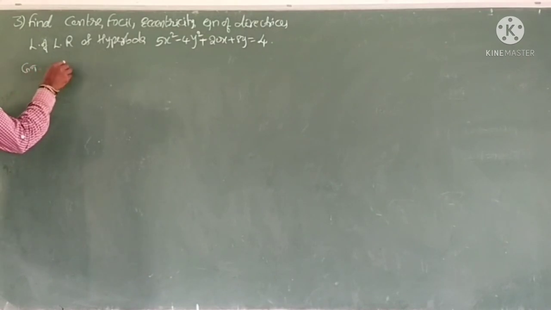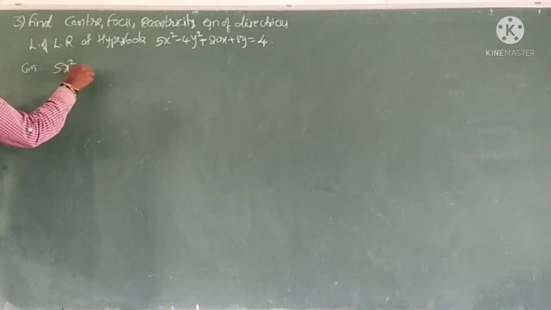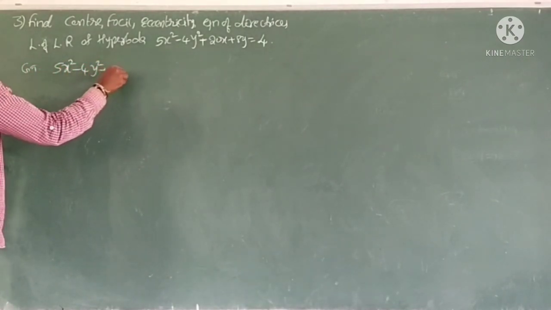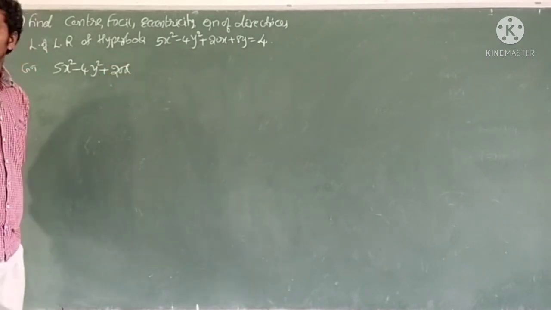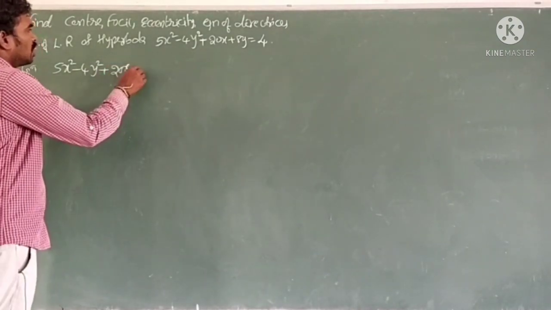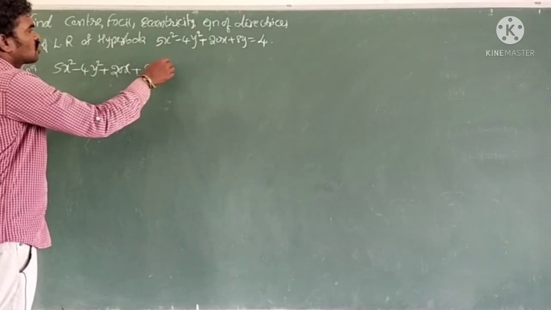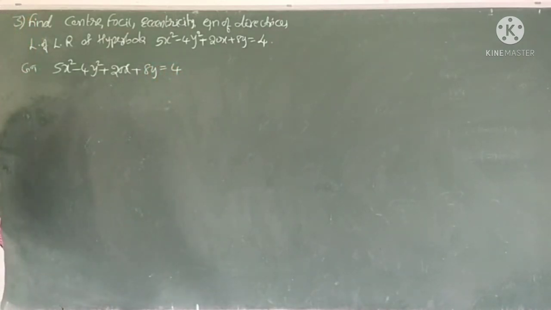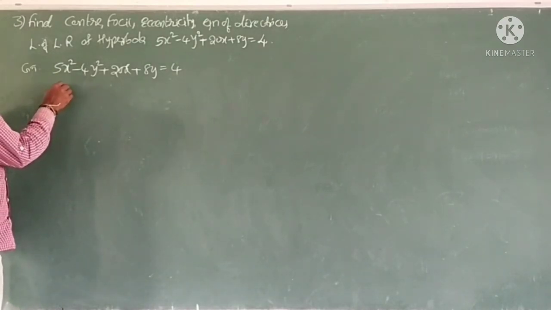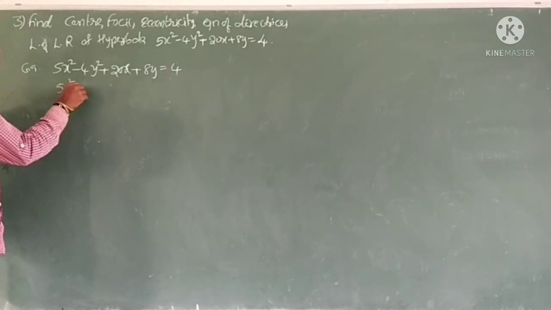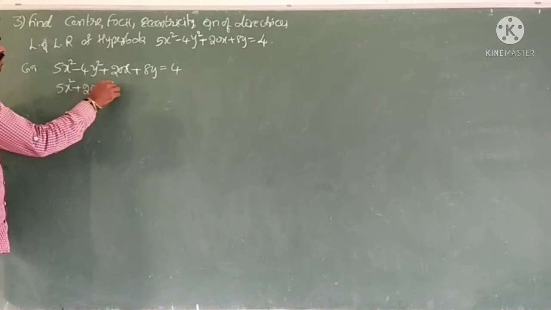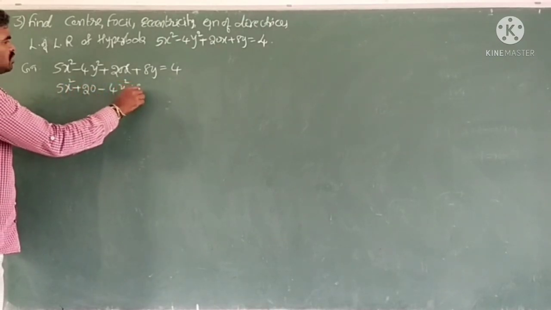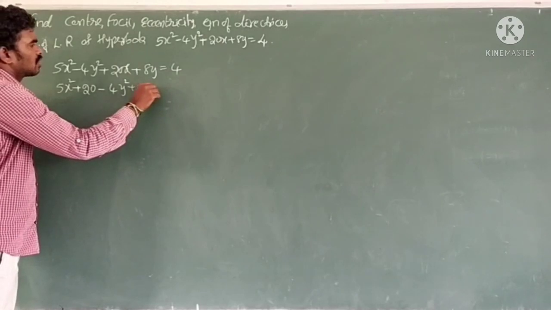Given that, this one I will tell you, and the next one I will give you to do in your own way. 5x square minus 4y square plus 20x plus 8y is equal to 4. In ellipse we did this type of question, even in parabola also. First write the x square term and x term, then the y square term and y term, after that the constant term.